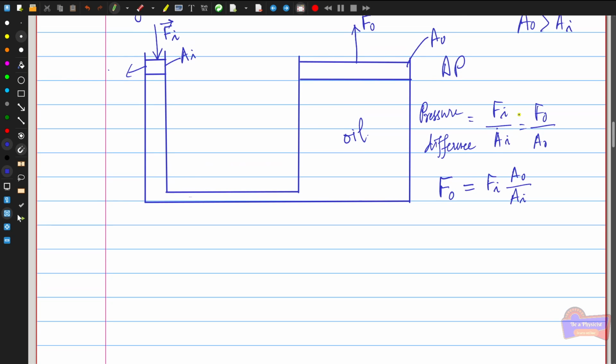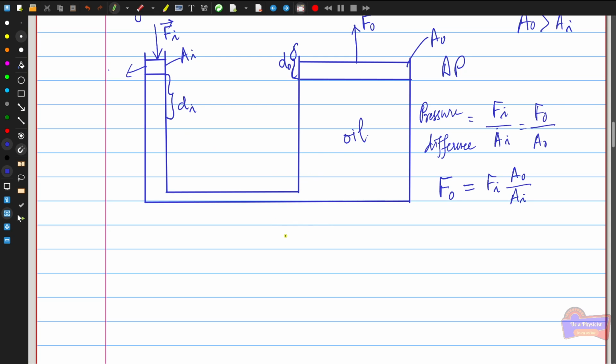Suppose I consider this the input piston. The input force is moving the piston with some distance di, then the output piston in the other direction is moving upward with some distance do, so that the same volume of incompressible liquid is displaced on both sides.